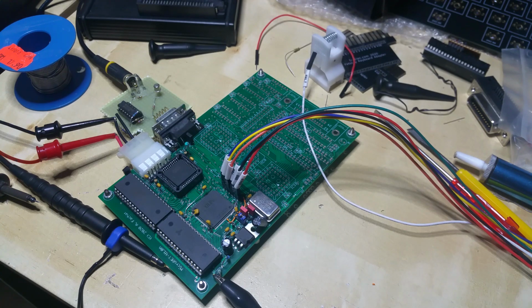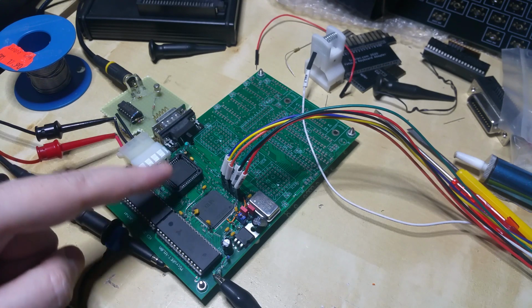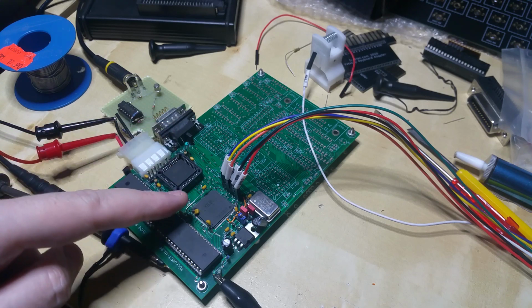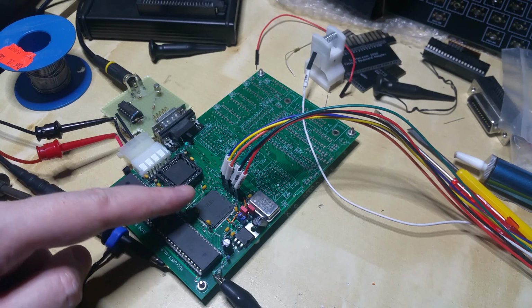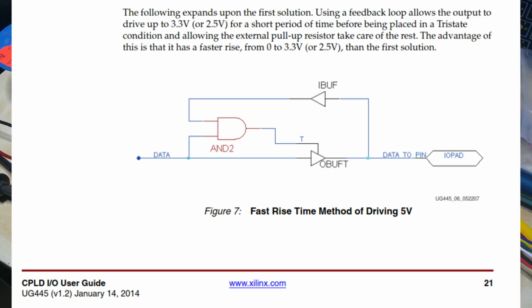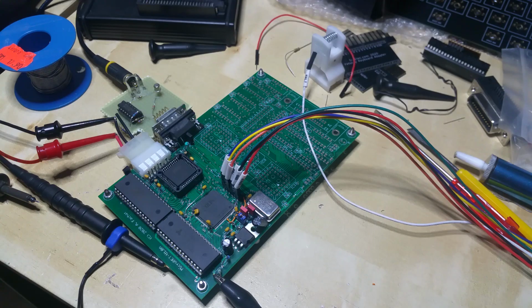So the system was unstable when I first tried it, but I have been finding out the solution where I can push the Phi 2 clock signal through up to 3.3 volts and then leave the rest to a pull-up resistor, which is actually from an application note from Xilinx on how you should be doing that, and that seems to have improved the quality of the clock signal far enough to make the system stable again.